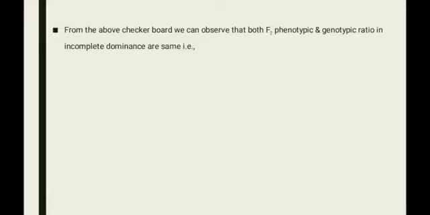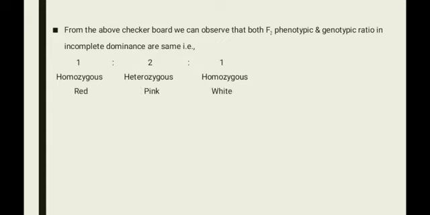From the above checkerboard or Punnett square, we can observe that both the F2 phenotypic and genotypic ratios in incomplete dominance are the same, that is 1:2:1: 1 homozygous red, 2 heterozygous pink and 1 homozygous white.